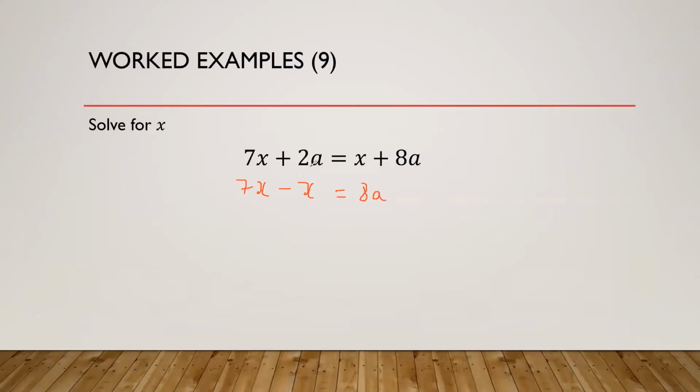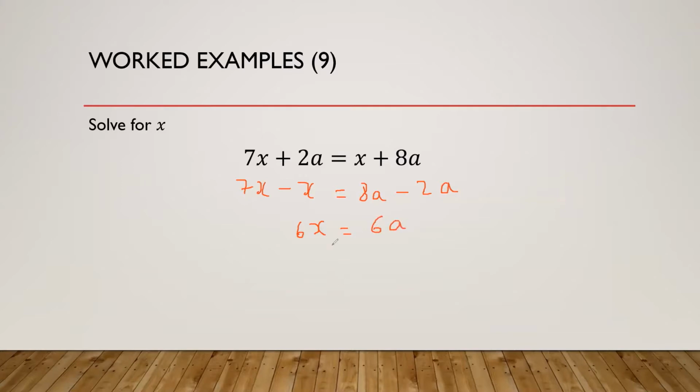Then I move 2A to the right-hand side and it becomes minus 2A. Now 7X minus X is 6X. 8A minus 2A is 6A.